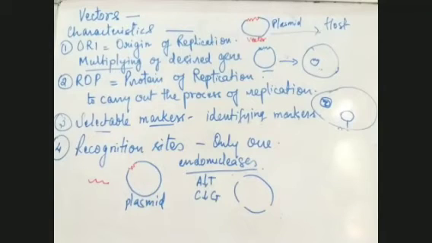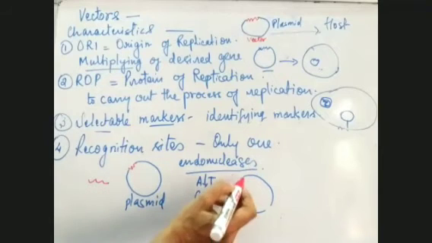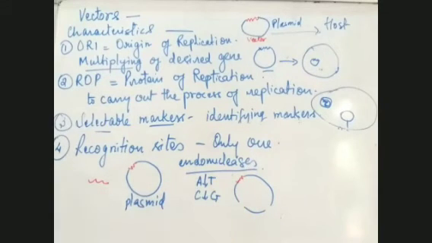But we want only one cut, because we want to insert our desired gene only here. Then the plasmid will get destroyed. It will break into fragments. So there should be only one recognition site.